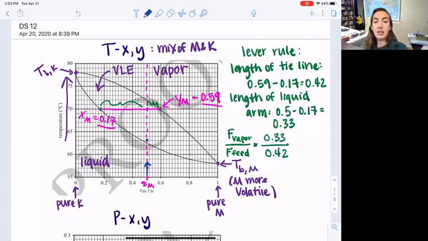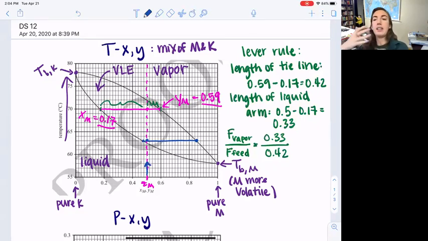So we're going to heat it here to, I'm saying, 63 degrees C. And then if we draw our tie line, we know that our liquid phase is going to be, because we've just barely gone above the point where we're getting any vapor at all, our liquid mole fraction is really close to our initial mole fraction, and our vapor mole fraction is really far away.